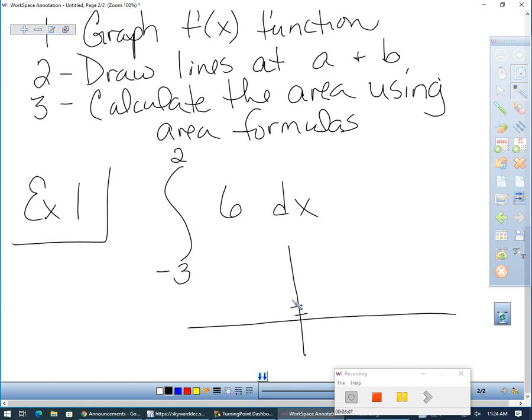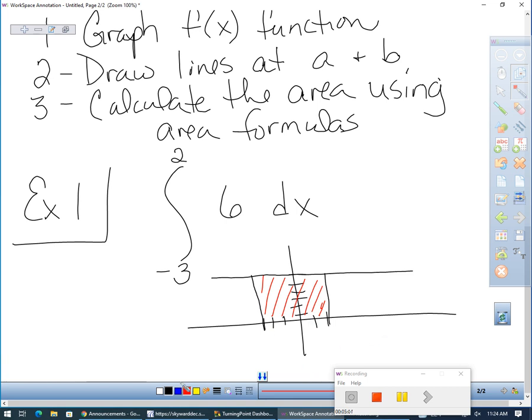So I'm going to go 1, 2, 3, 4, 5, 6. I have a horizontal line at 6. Now I'm going to draw vertical lines at each of my bounds, my lower limit and my upper limit. So at -3, I have a vertical line, and at +2, I have a vertical line. I am finding that area between those bounds.